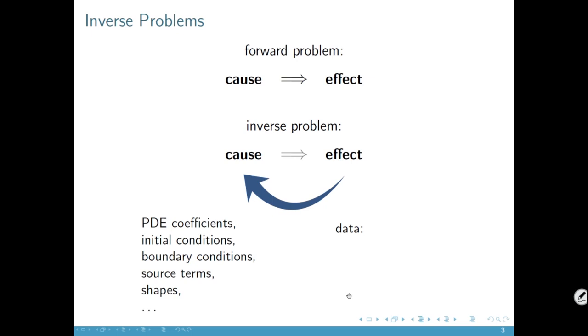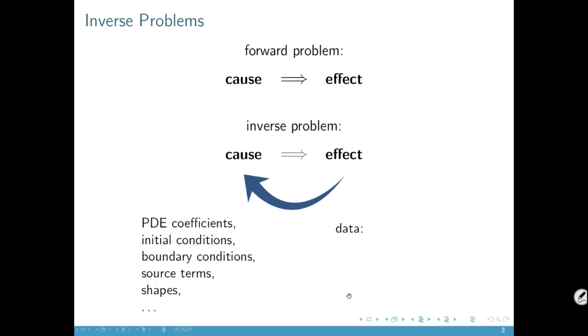Quite often in the context of PDE models, it's coefficients in this PDE, namely not just constants, but space-dependent or time-dependent coefficients. If it's about space-dependent coefficients, it's quite often about imaging with mathematical models. It's also quite often initial conditions, and actually the two examples that I'm going to show will be about recovering initial conditions.